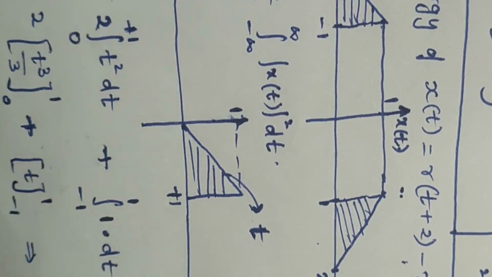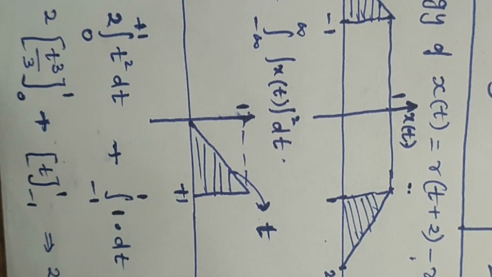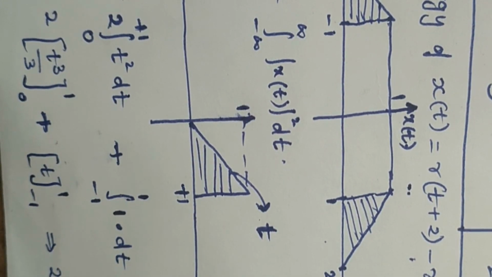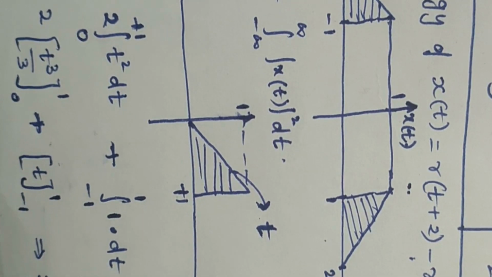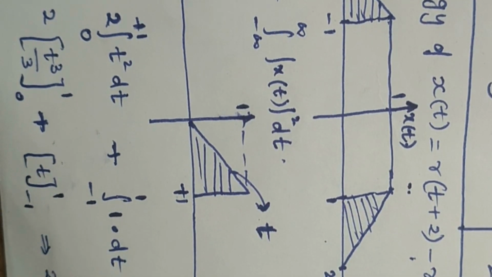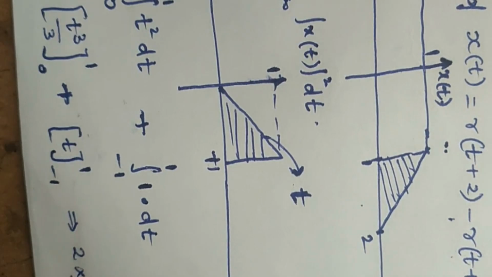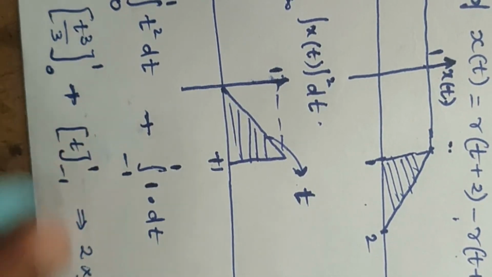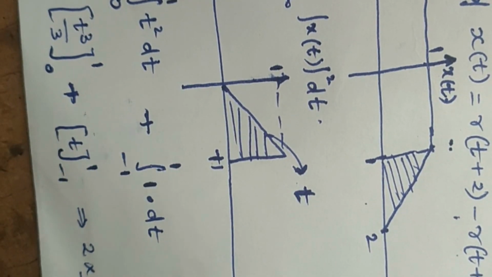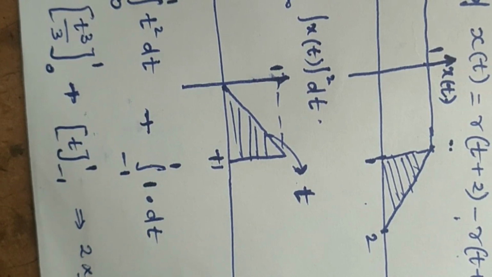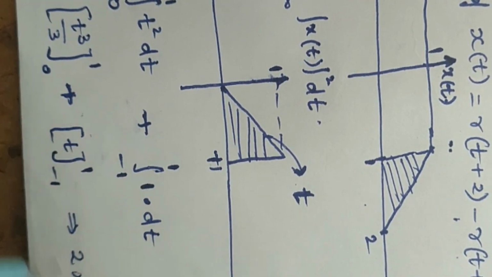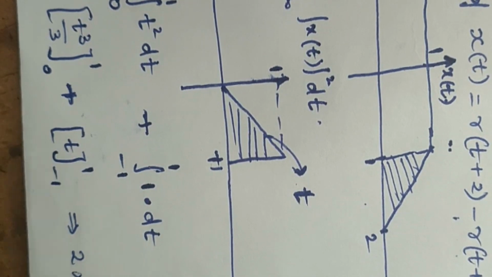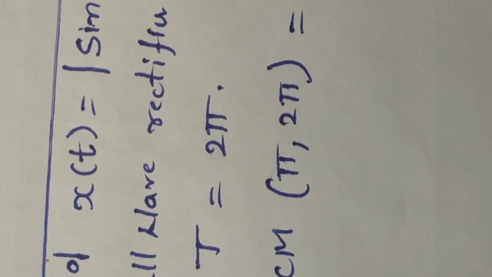So you will get 2 times 1 by 3, which equals 2 by 3. In this problem I have made some calculation mistakes. This is 2 plus 2, so you will get 8 by 3 joules. Here you have 1 plus 1, you will get 2, and the energy is 8 by 3 joules.